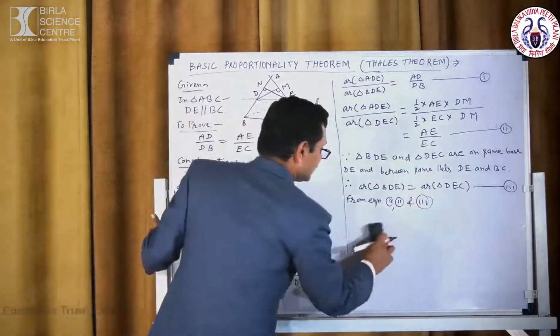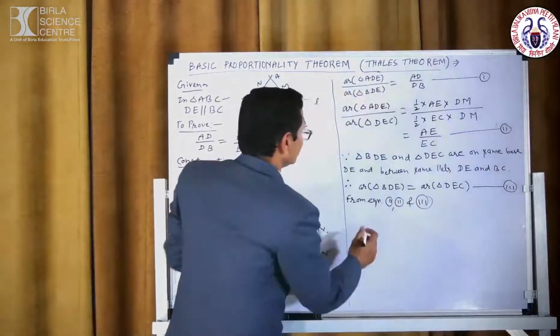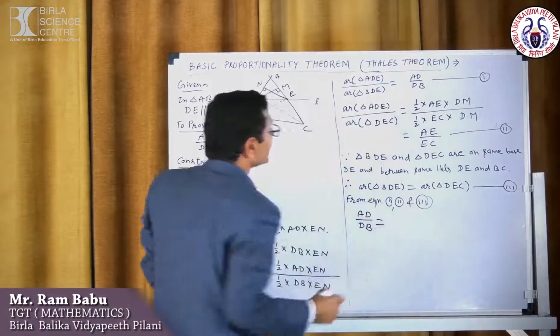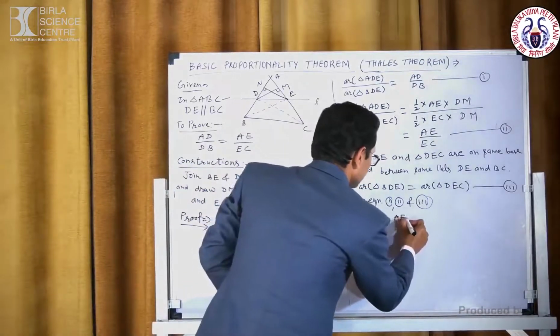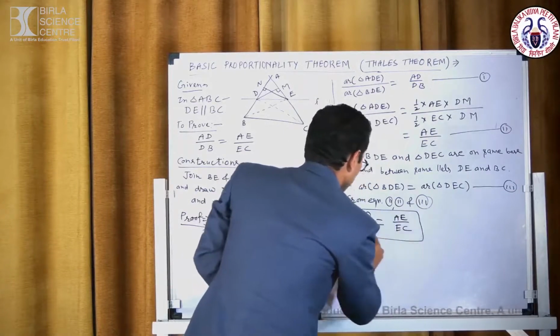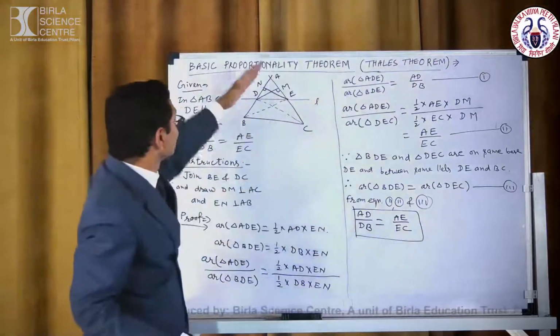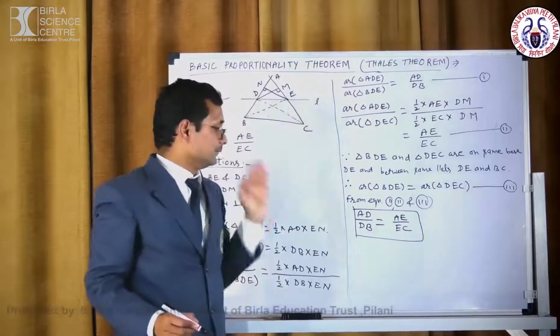So from this result we can find out AD upon DB is equal to AE upon EC. This is our proof of the basic proportionality theorem, that is AD upon DB is equal to AE upon EC.